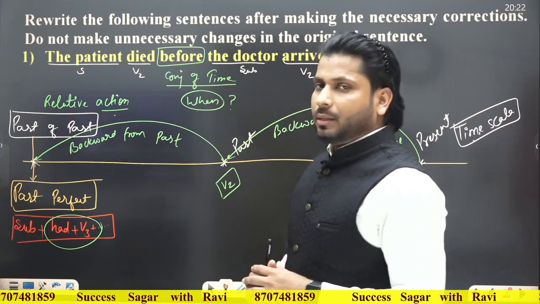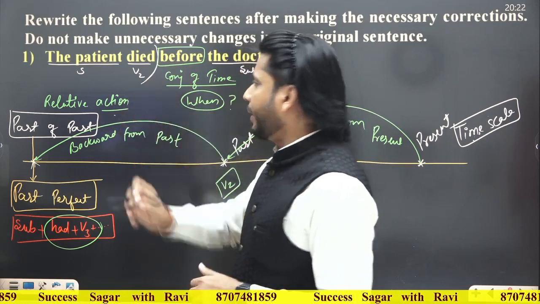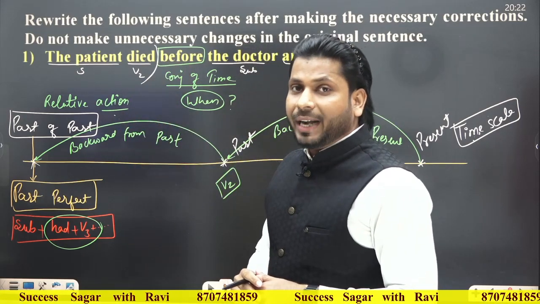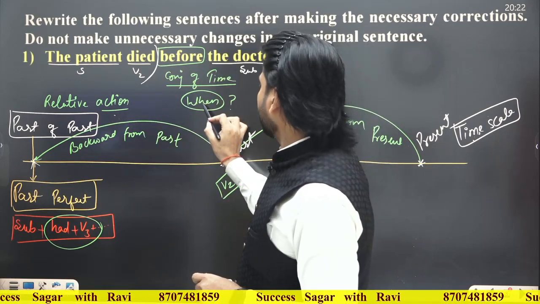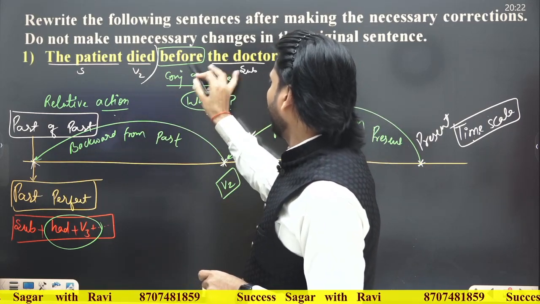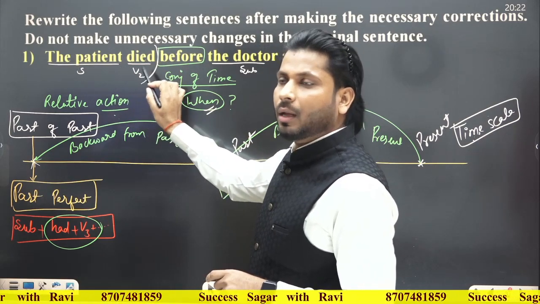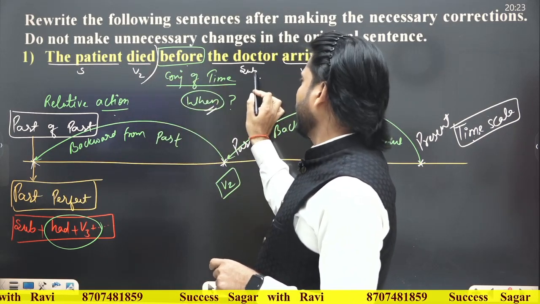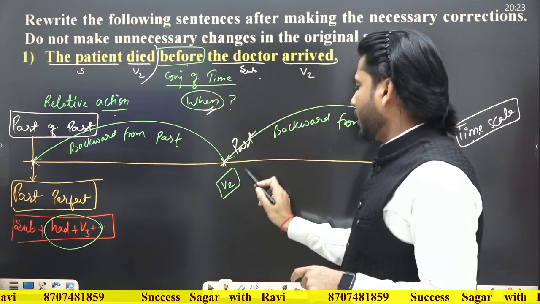The patient died. It means something happened here. What did happen? The patient died. When? Now, we'll ask this particular question when. When did the patient die? The answer is before this one. It means this action took place before this one. And this action took place in past.